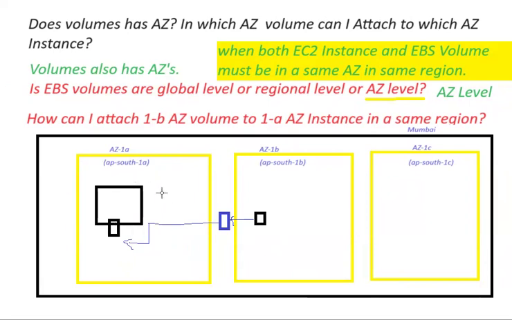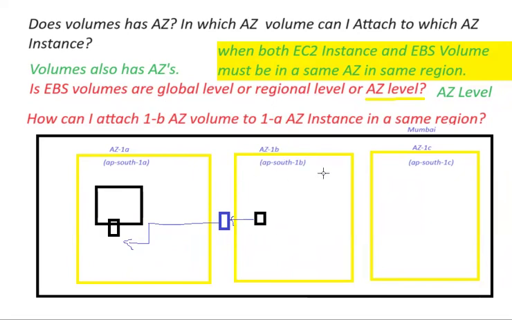That's it. In this way, you can get this data in this availability zone and attach it to this instance. So I hope you understood how to solve this problem.